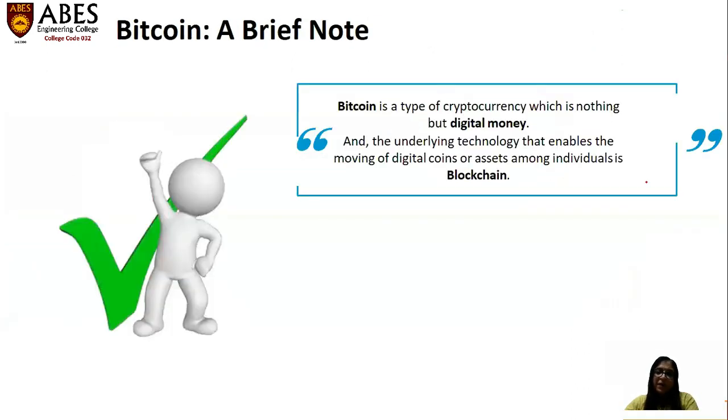So what exactly is Bitcoin? Bitcoin is a type of cryptocurrency, which is nothing but digital money. Basically, we can understand the concept of money as something that has value. If something has a value, that means it is money, right?